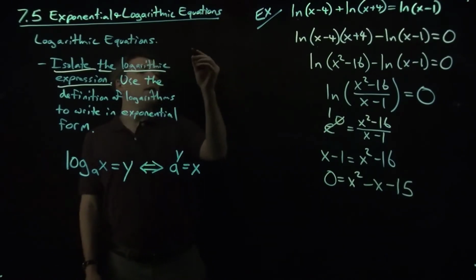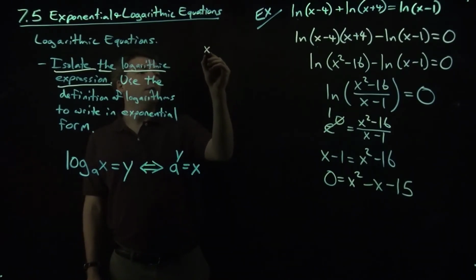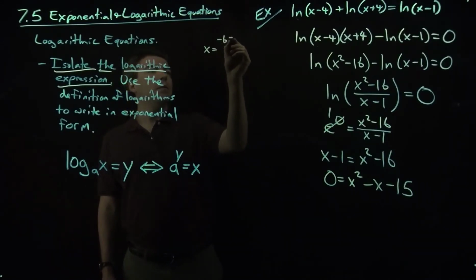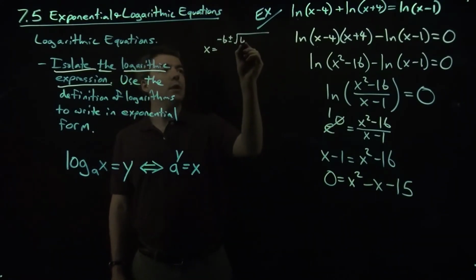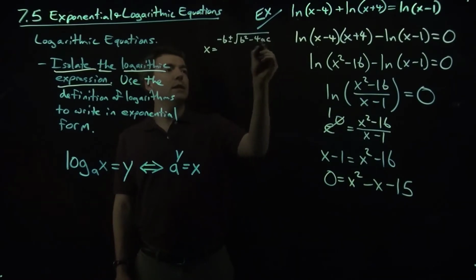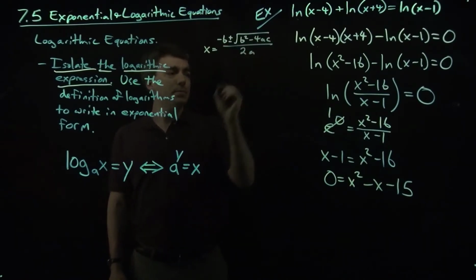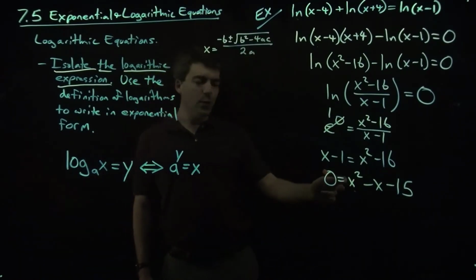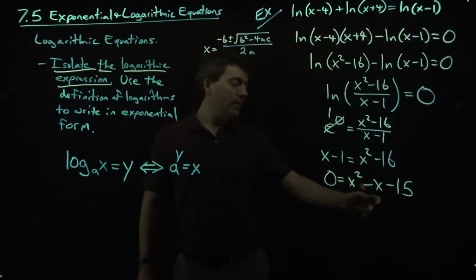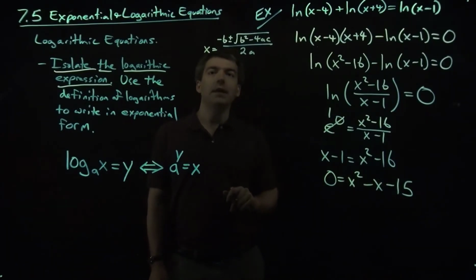So we'll recall, it'll be x equals negative b plus or minus square root b squared minus 4ac all over 2a. Here the a is 1, the b is negative 1, and the c is negative 15.